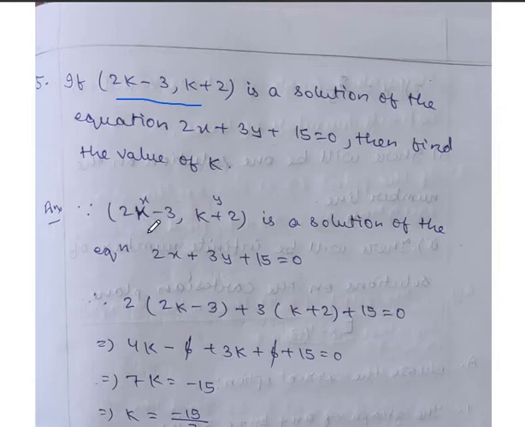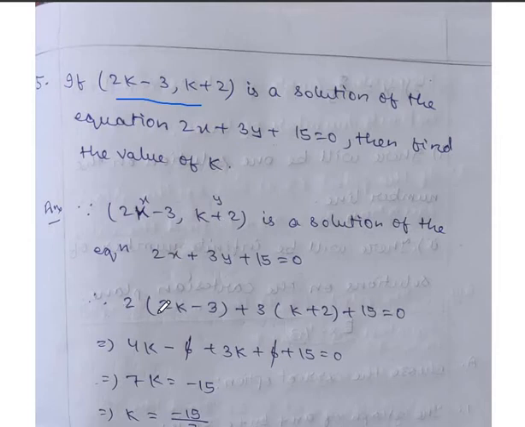So since (2k minus 3, k plus 2) is a solution of the equation 2x plus 3y plus 15 equal to 0, in place of x you put 2k minus 3 and in place of y you put k plus 2.